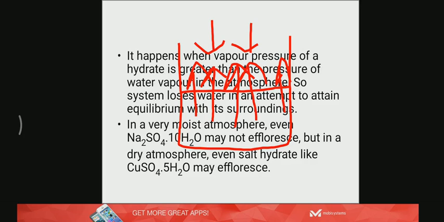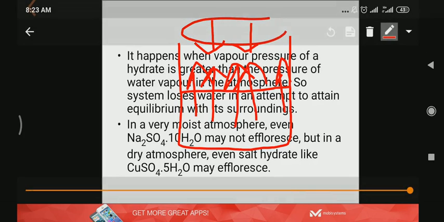So this phenomenon also depends on the atmospheric condition. Efflorescence happens in dry conditions, whereas deliquescence happens in a moist, wet atmosphere. In a very moist atmosphere, even sodium sulfate may not effloresce because there is a lot of water vapor here, there is high vapor pressure.